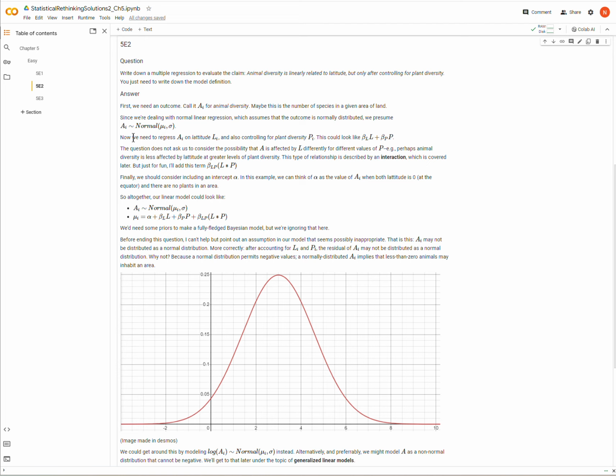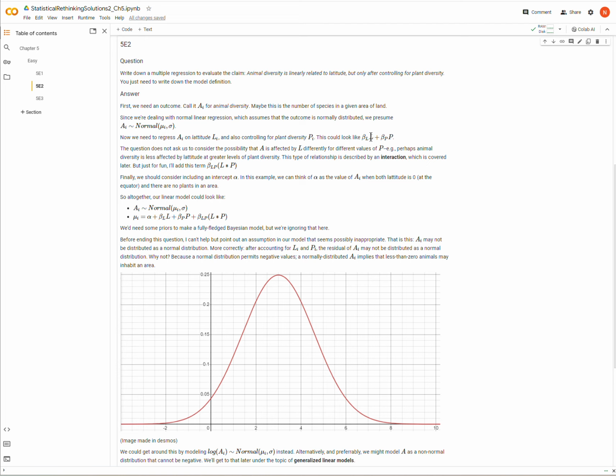Okay. Now we need to regress our outcome, animal diversity A, on latitude, right? That it's linearly related to latitude, while also controlling for plant diversity, after controlling for plant diversity. So what that will look like is this right here, right?